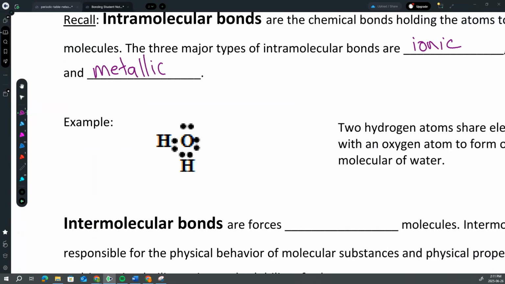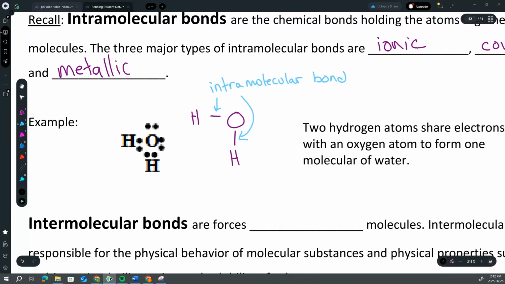Now I'm gonna change this Lewis dot diagram into a structural diagram to show it like so. So these bonds right here, those are the intramolecular bonds because they're what holds all the atoms together. And specifically, they are covalent bonds.